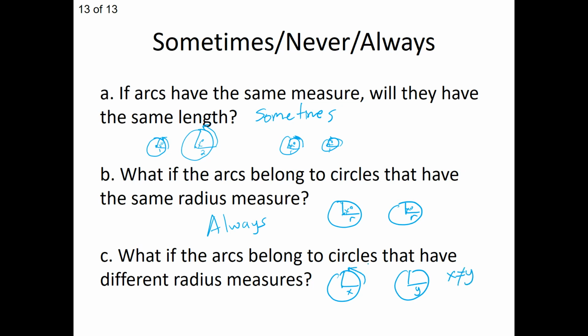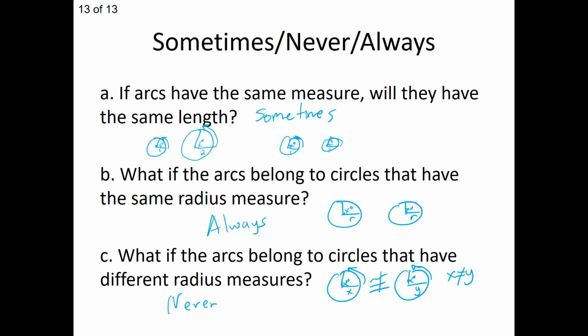Even though they may have the same measure, I'll call that alpha degrees, will they have the same arc length? And that is a never situation. Never, ever will these circles have the same arc lengths if the arc measures are the same, because these two circles will never be congruent to each other, which means that even if the central angles have the same measure, the arcs will never have the same length.